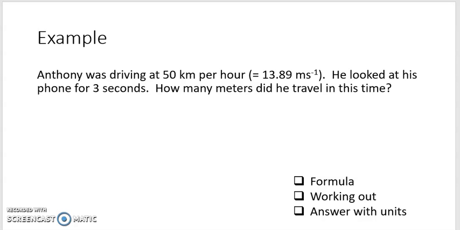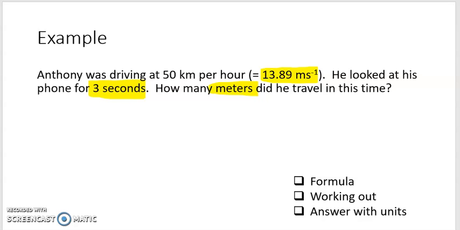And they're trying to trick us by giving us different units, but we know that we should use meters per second. They've also given us the time that Anthony was traveling for, or how long he wasn't looking at the road for, which was 3 seconds. And they're asking us how many meters did Anthony travel in this time, or what was his distance.